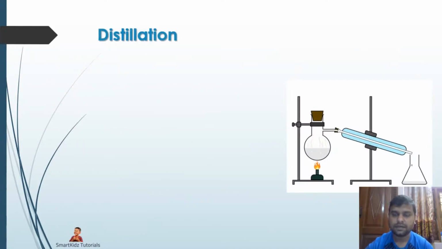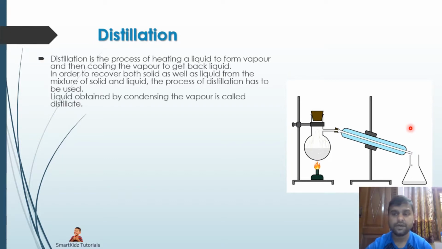And last we come to the distillation process, the final one in case of separation of mixtures containing solids and liquids. So distillation depends on the boiling points of the substances within the liquid. Here you have a look. This is a glass jar, and a Bunsen burner is placed, and the water is boiling, and vapors are rising.